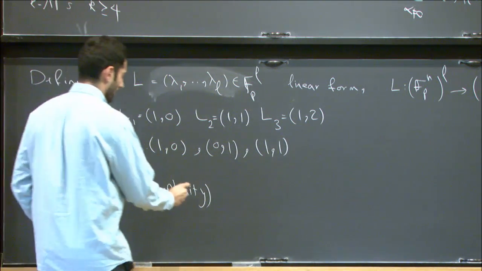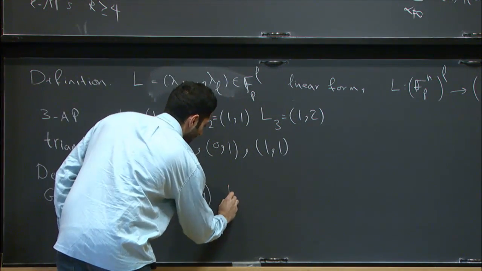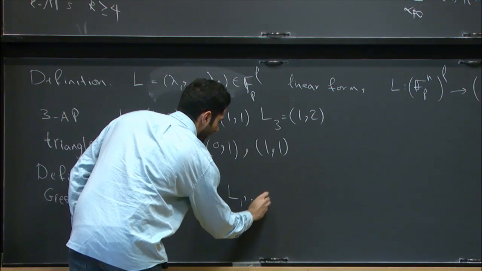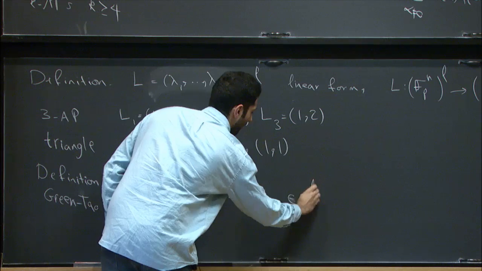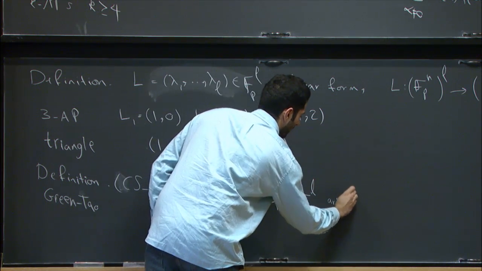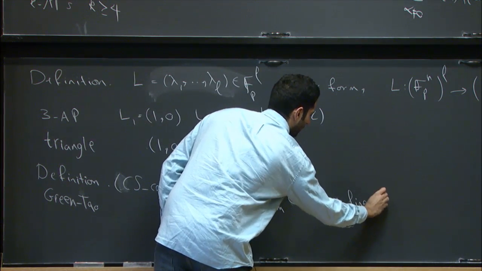So I will first define the notion. Let's say L1 up to Lm are linear forms.